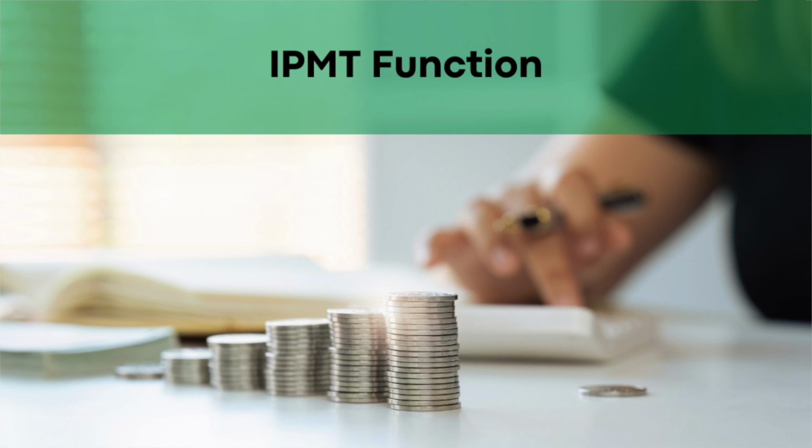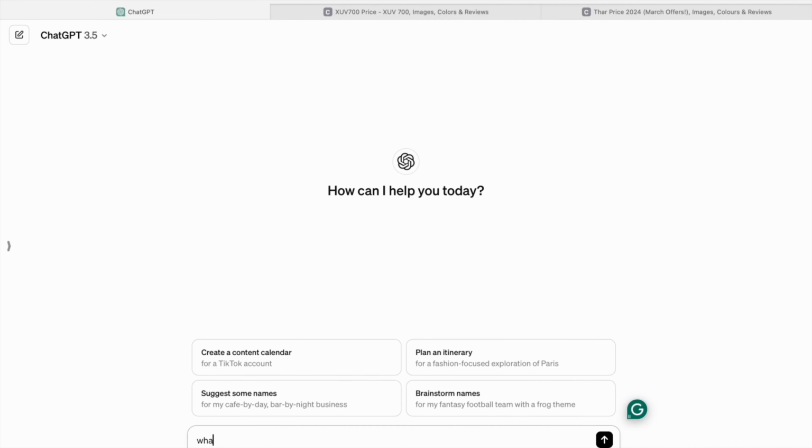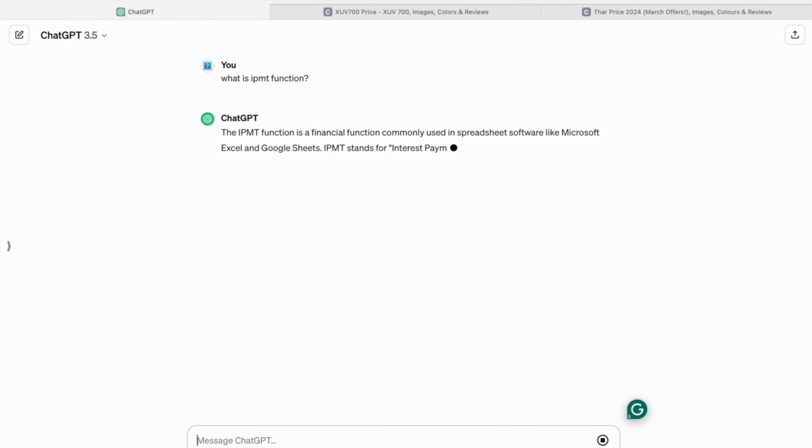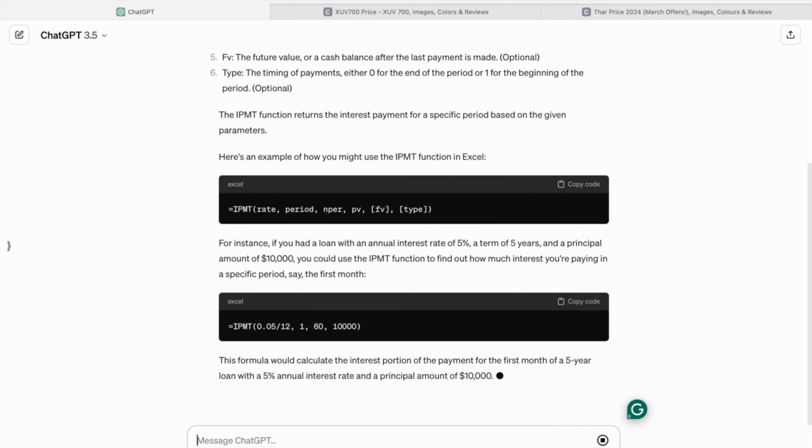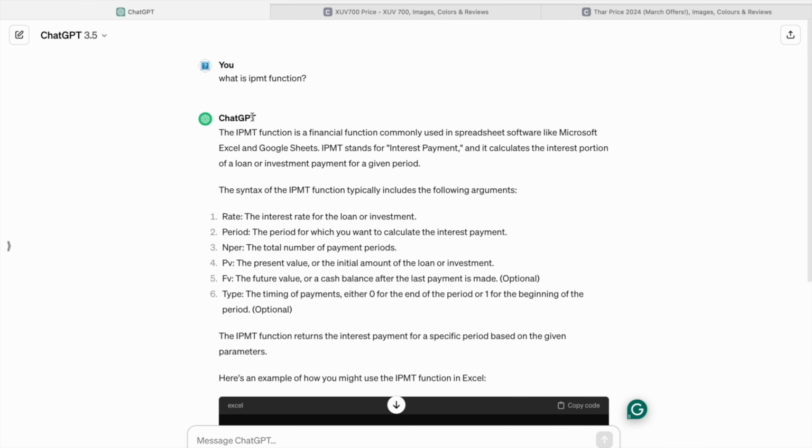So what exactly is the IPMT function in Excel and how does it work? To know about this function, we are going to use Chat GPT. As you can see, we got the output. So here, IPMT stands for interest payment.